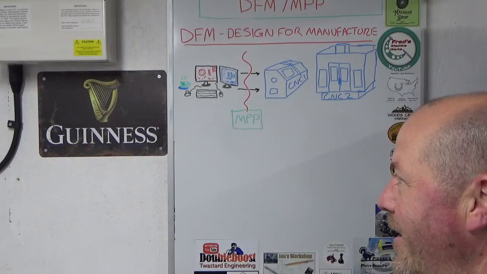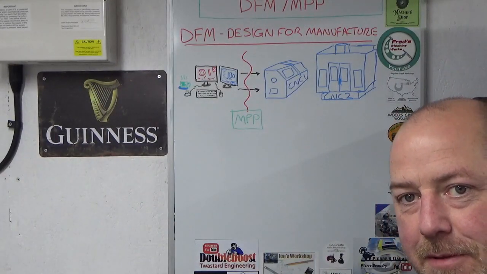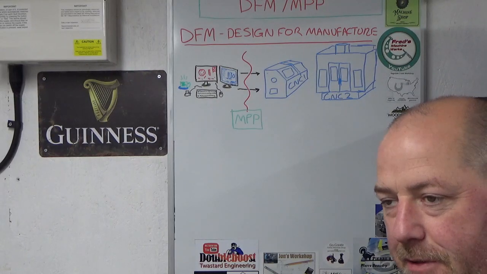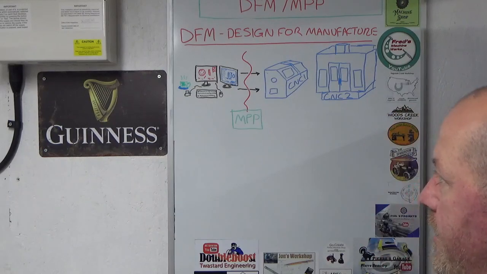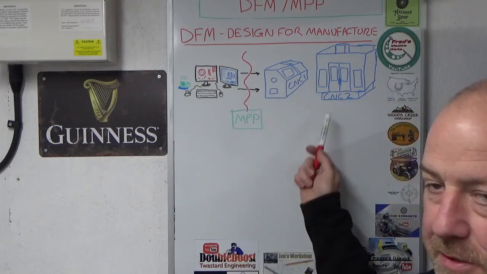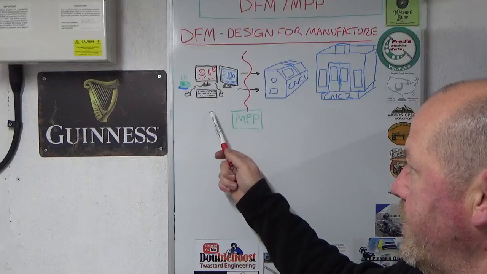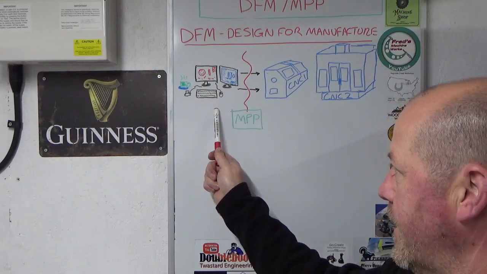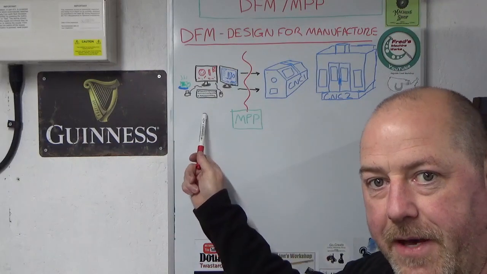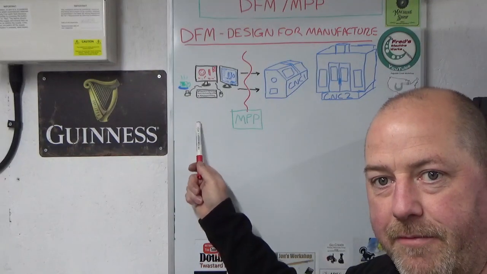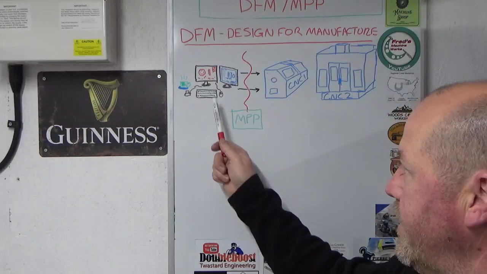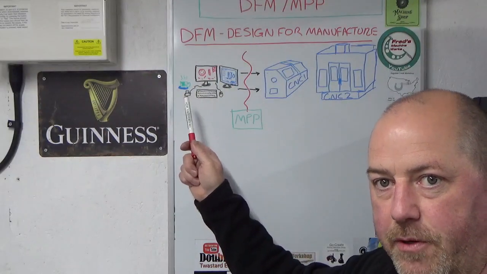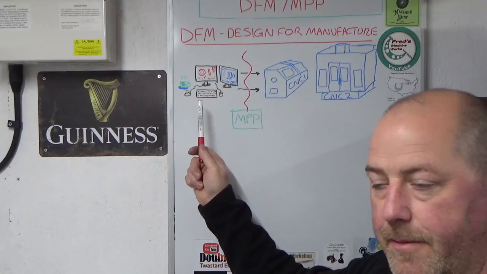Right then guys, I've just tried my best to do this pictorially, and I'm going to spend a minute or two on what happens in industry and what doesn't happen in industry. So typically in industry with DFM, you've got your designer, we'll say singular, sat in his nice comfy air conditioned office with his cup of coffee and everything neatly laid around him, and he's busy working in isolation designing the finished product that needs to be made.